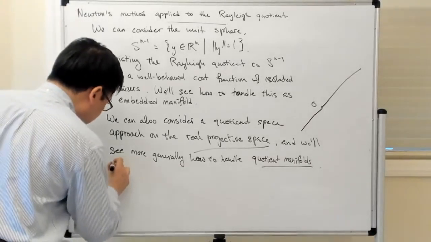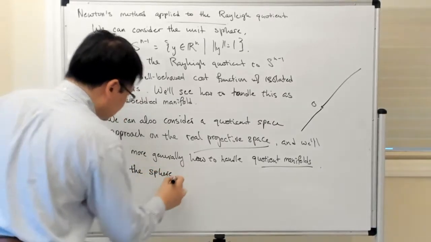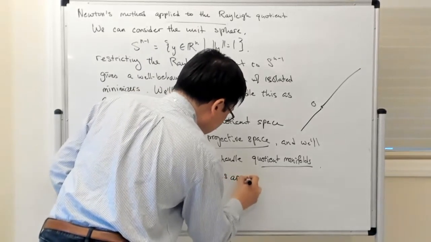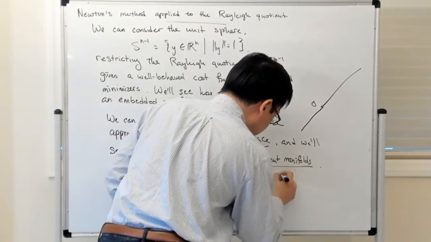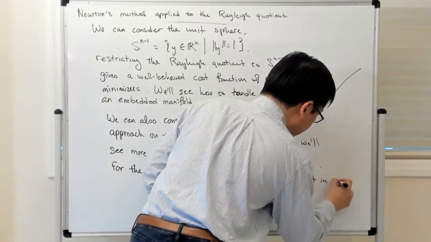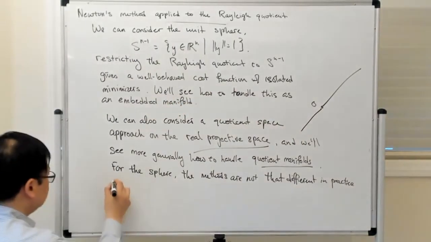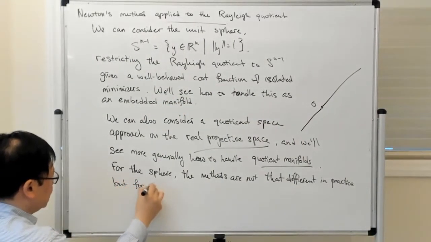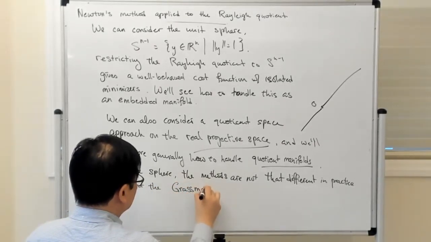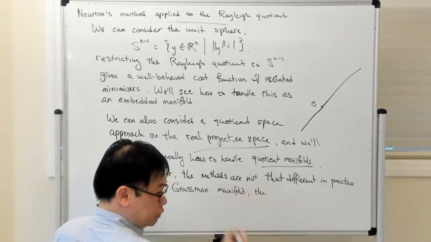So for the sphere, the methods are not that different in practice. But for the Grassmann manifold, the quotient manifold approach is much more natural.